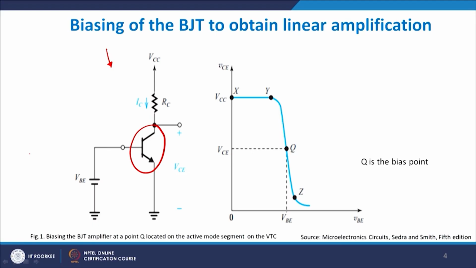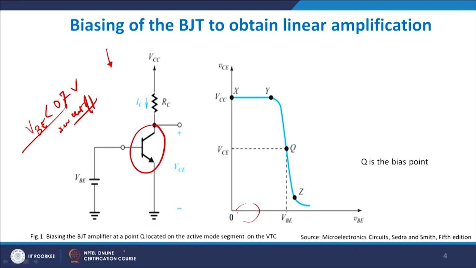Now that will come later on. Let us see what the functionalities of linear amplification are. If you look at this figure, when VBE is less than 0.6 or 0.7 volts, which is on this side somewhere here, the device is cut off.